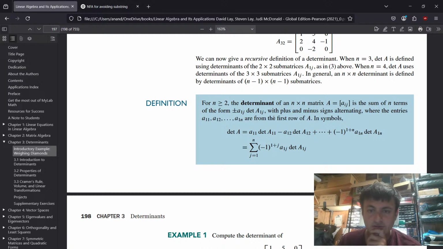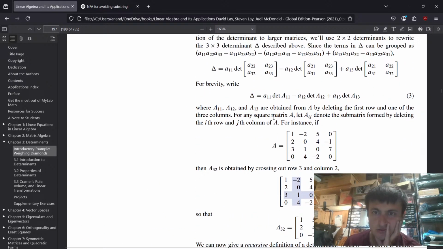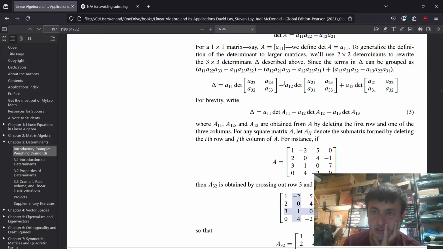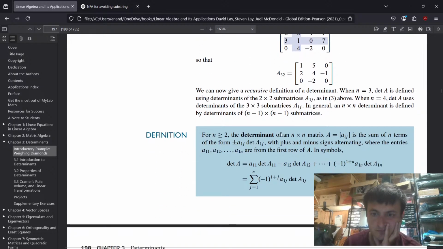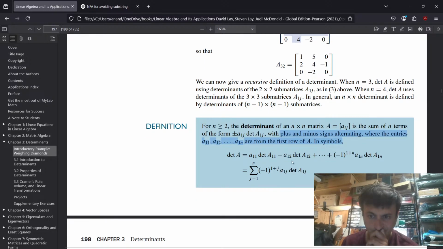Okay, for n greater than or equal to 2, the determinant of an n by n matrix is the sum of the n terms, plus minus with the plus and minus signs alternating. Wait, can we see that? Oh, you alternate them. Okay. The plus and minus signs alternating where the entries are the first row of A. Man, what a crazy formula.